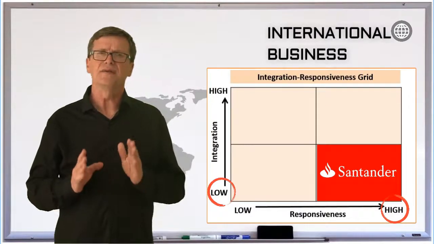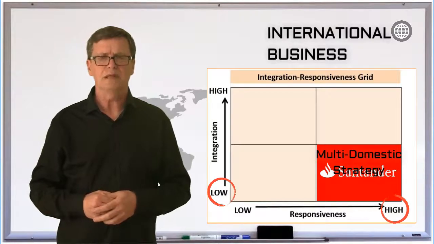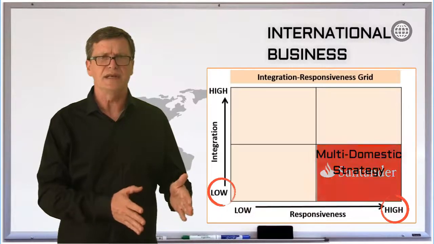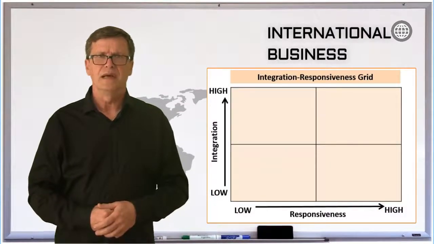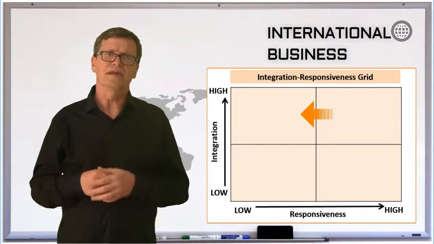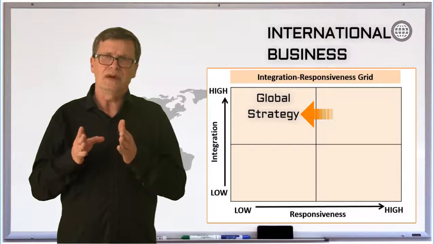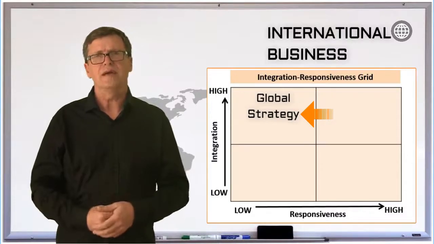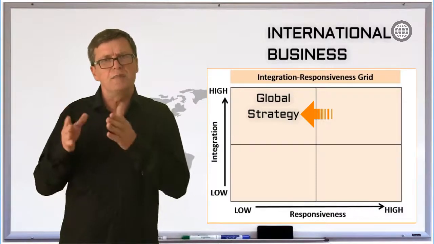So Santander Retail Banking is a very good example of a multi-domestic strategy in the IR grid. And now let's shift to the top left box of our IR grid. And we could name this box Global Strategy.